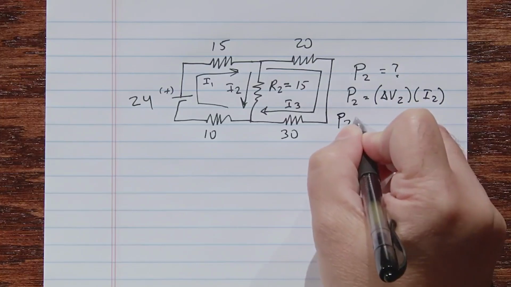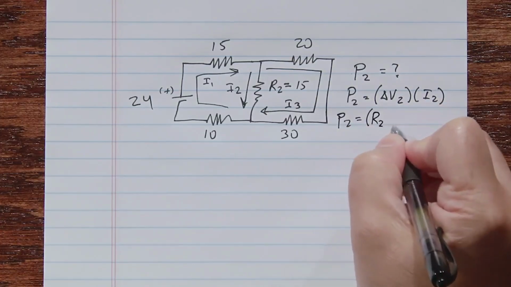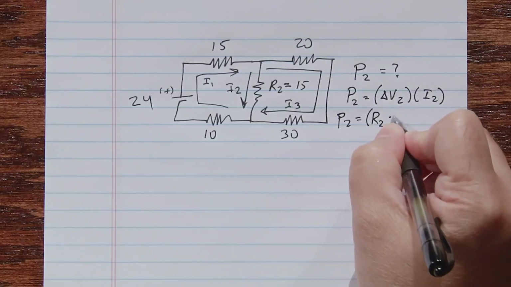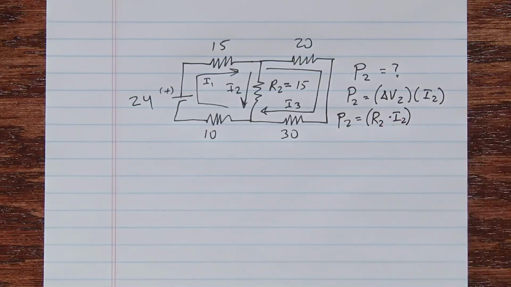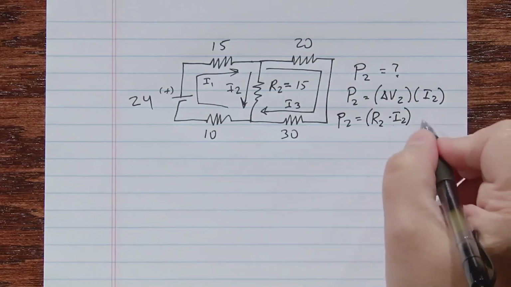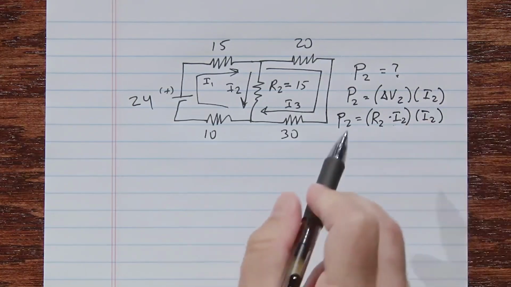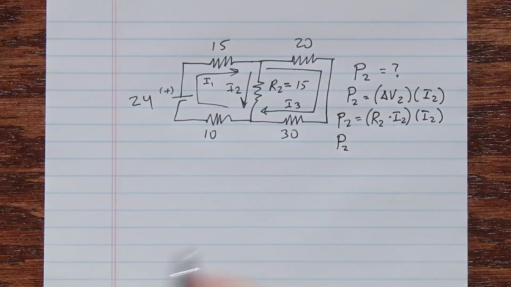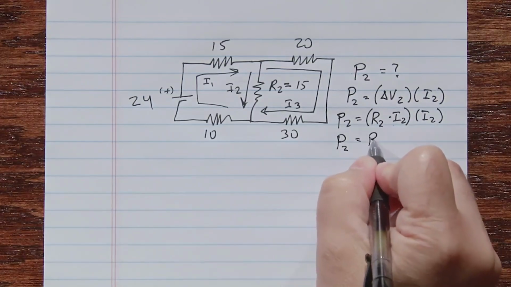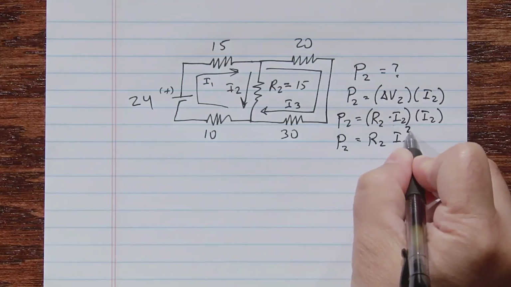So power dissipated by R2 is equal to R2 times I2 times I2, so the power dissipated by R2 is going to be equal to R2 times I2 squared.